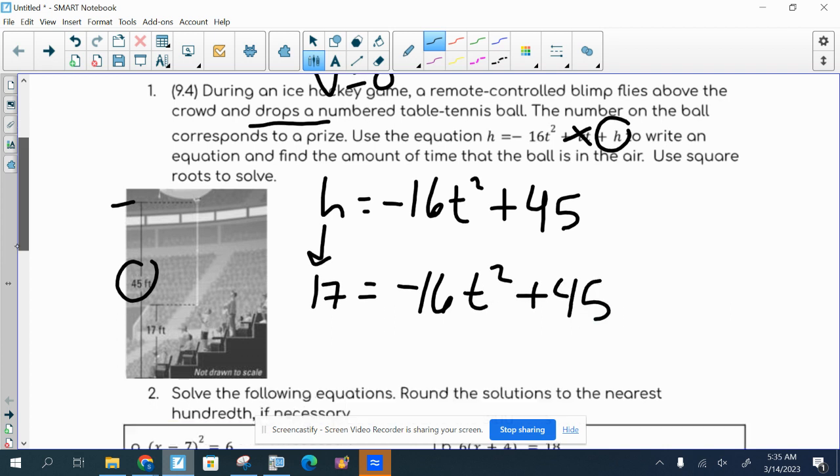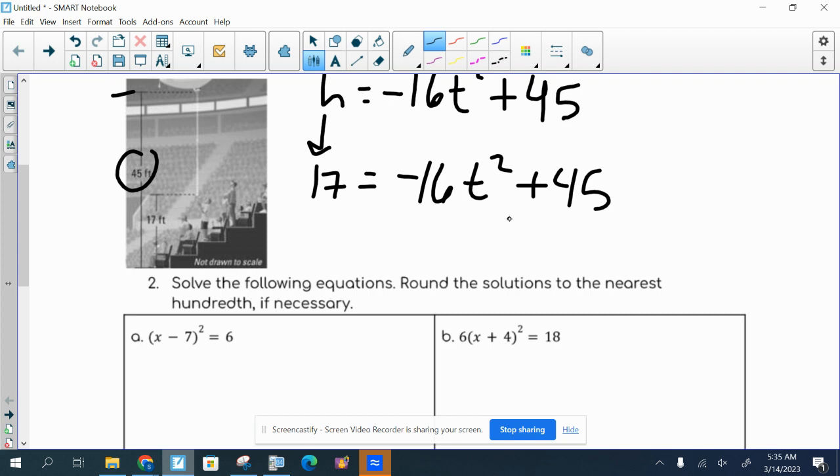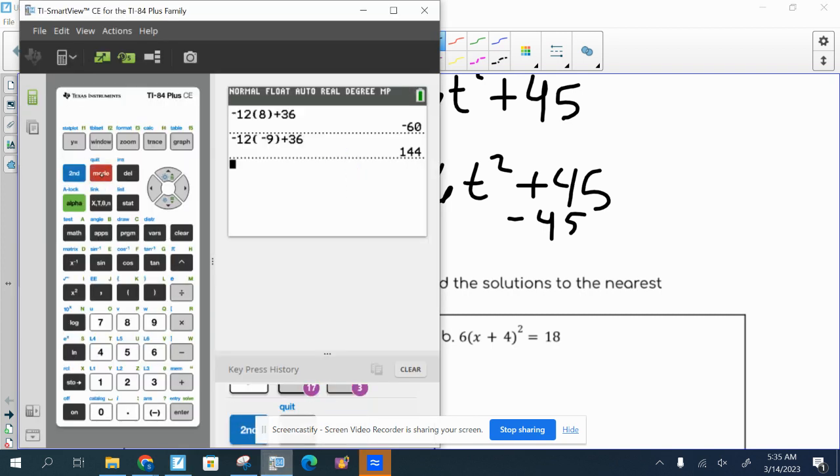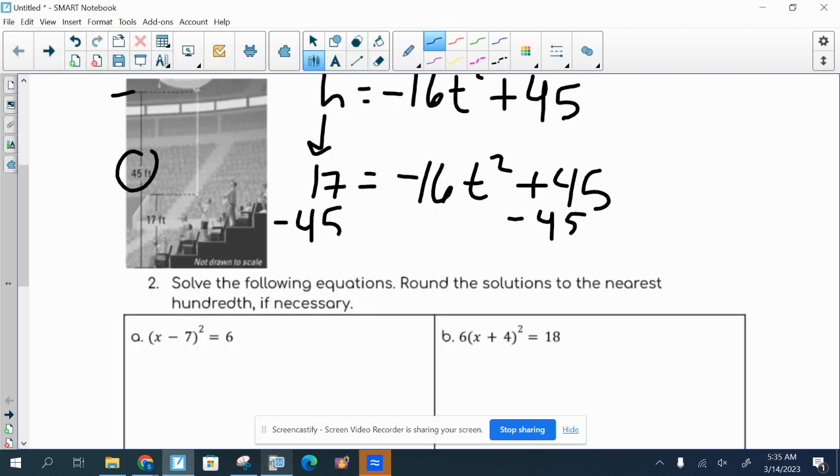Right, next, we are going to solve for t. So we're going to subtract the 45 over. And then 17 minus 45 is negative 28. That's what I was thinking. I just wanted to double check.